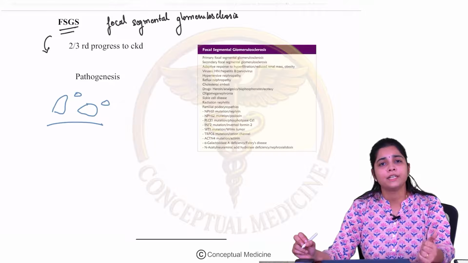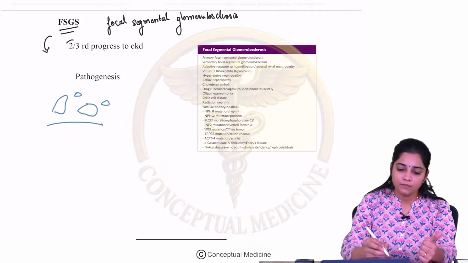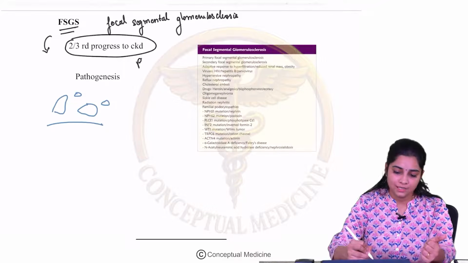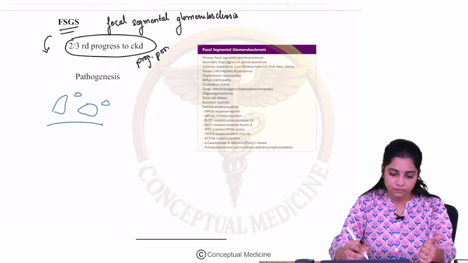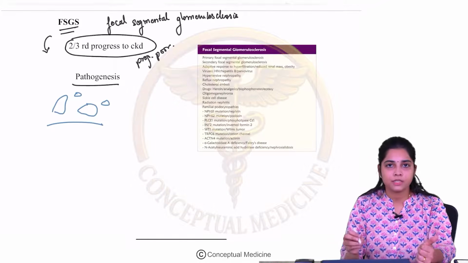So every time you find an FSGS pattern, you have to think of the cause for your FSGS. And always remember that 2/3 of the cases actually progress to CKD, hence the prognosis is poor. So what is the pathogenesis here?